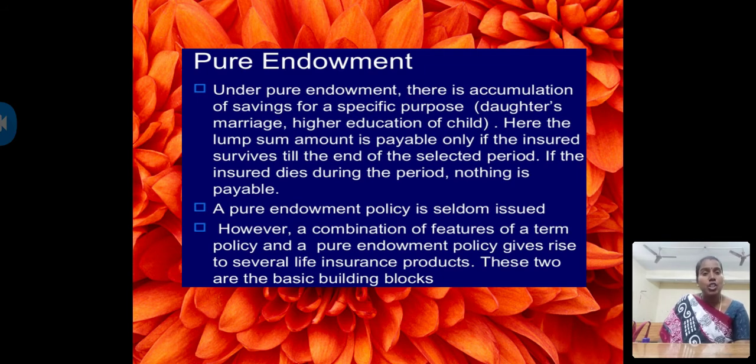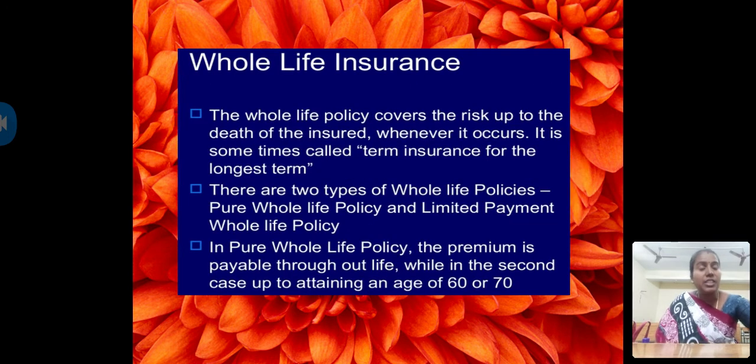These are two basic building blocks. Survival: it alerts the policy holder that he should be strong to take the claim amount under this policy. It makes him internally strong that I should be alive, I should be strong to take the amount as the claimant. Next, whole life insurance.